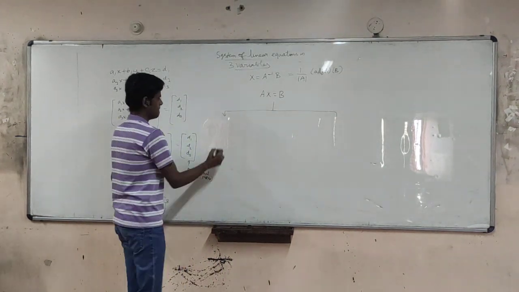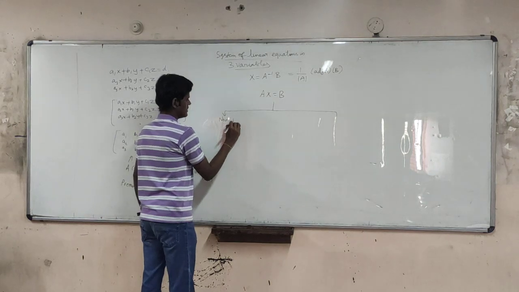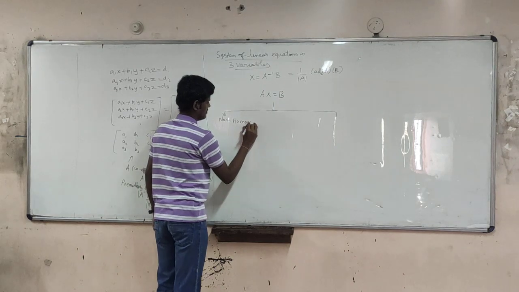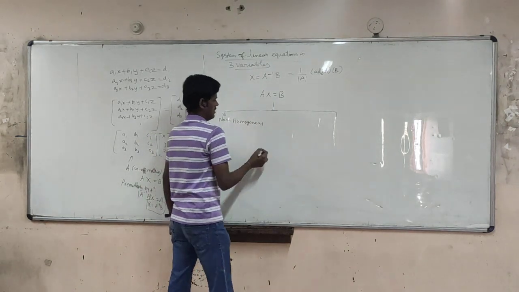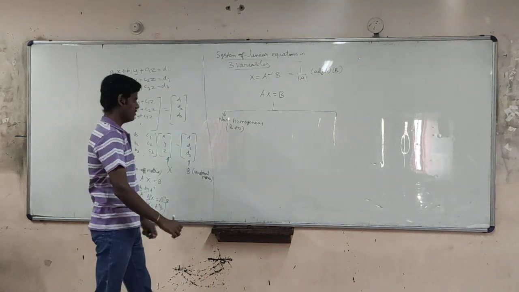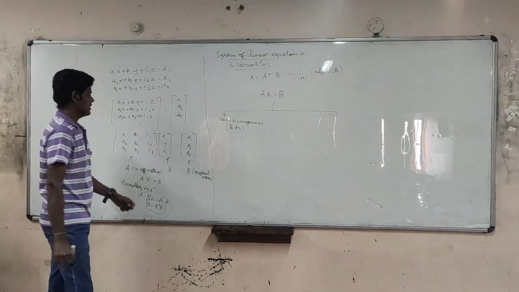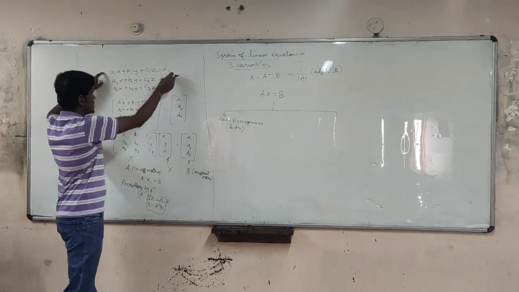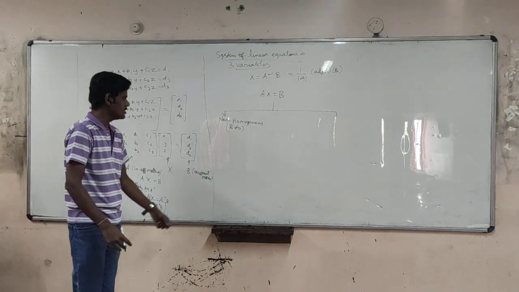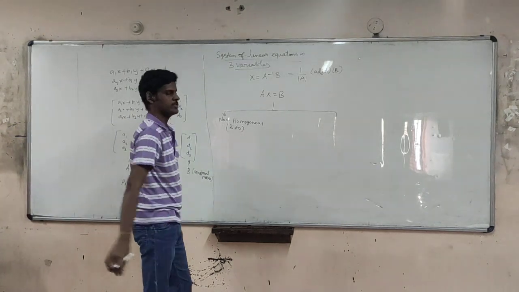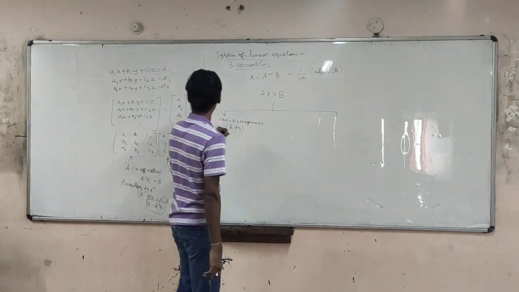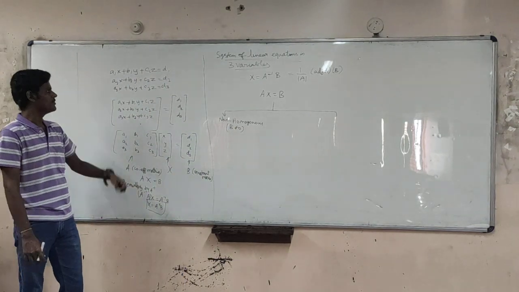One is non-homogeneous, which means B is not equal to 0. What is B? Constant matrix.